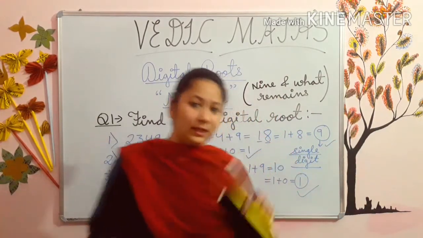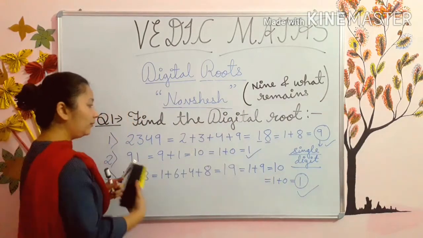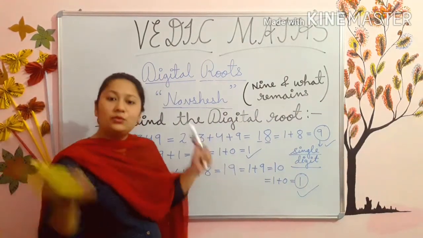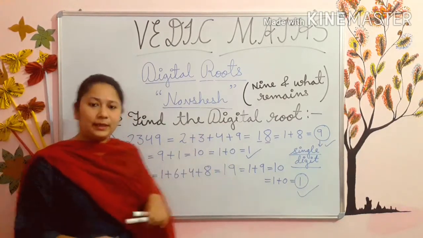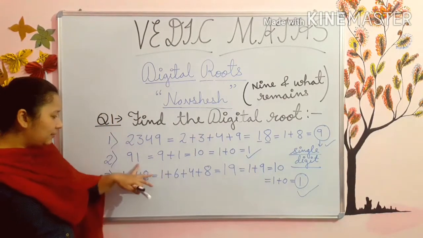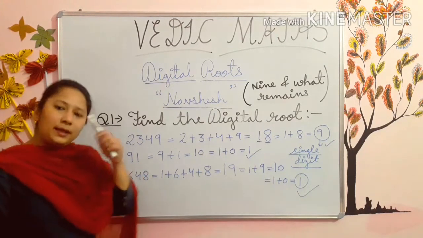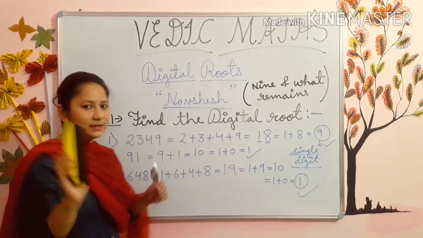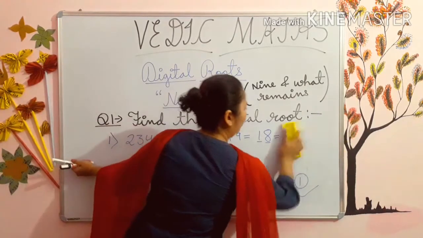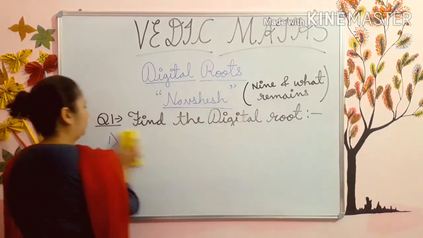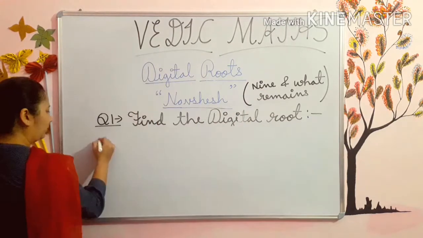Now students, one thing: the last 3-4 sums you can do by showing the addition. The rest of the sums you can do orally. Like if I am seeing this number 91, in my mind I can do the calculation. Like, one sum I will tell you orally.